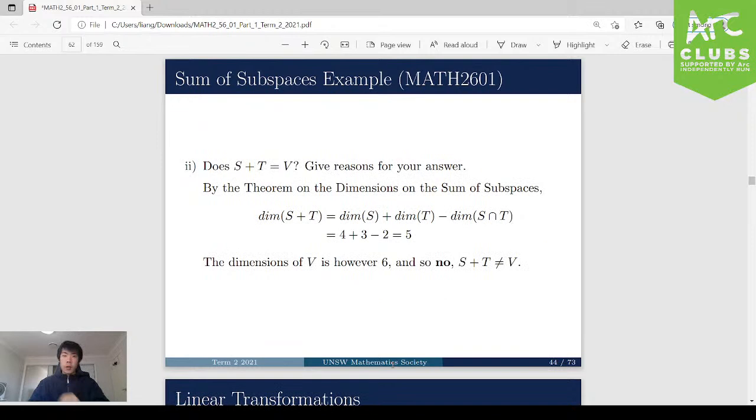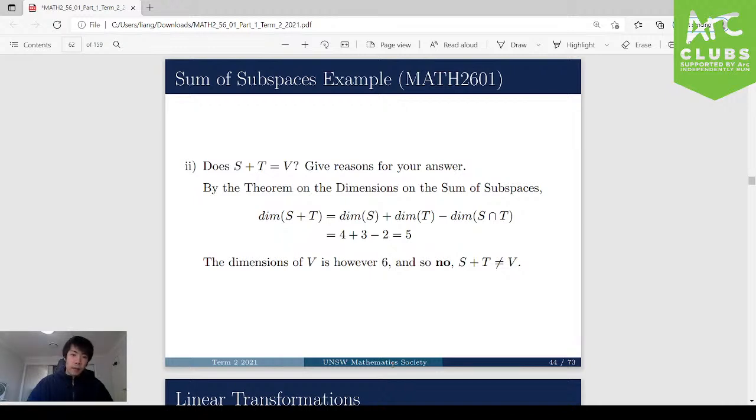And finally, part (ii). Does S plus T equal the vector space V? Give a reason. Well, if we use the theorem on the dimensions of the sum of subspaces, then it wouldn't work, because the dimension of S plus T is equal to the dimension of S individually plus the dimension of T individually minus the dimension of S intersection T. That gives you 5.